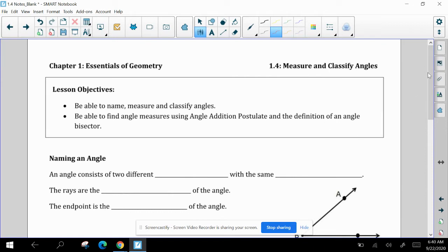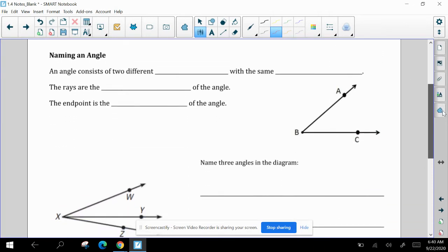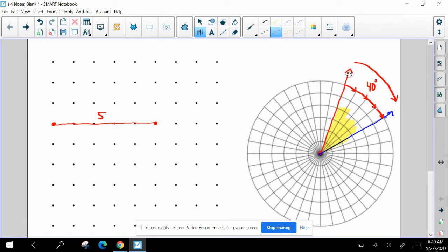We're going to start by agreeing on how we are going to name an angle. As per our previous discussion, when we make an angle, it consists of two rays, and the angle is between the two rays.